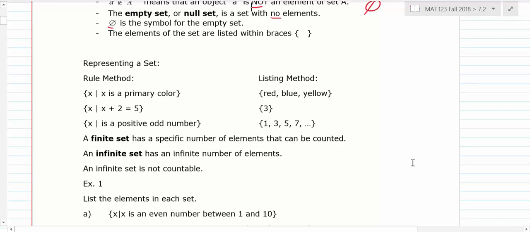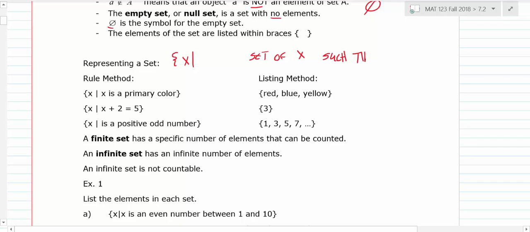So we're going to look at representing a set. There's two things. We have a rule method. We have a listing method. A rule method would be, we just say set of. When you see this symbol like this, you read it like this: the set of x such that.